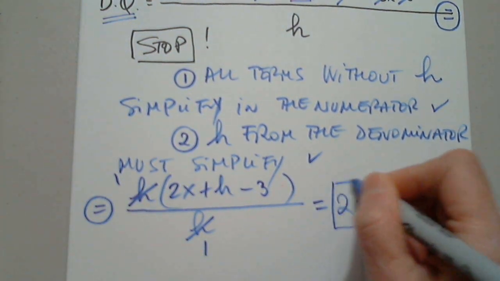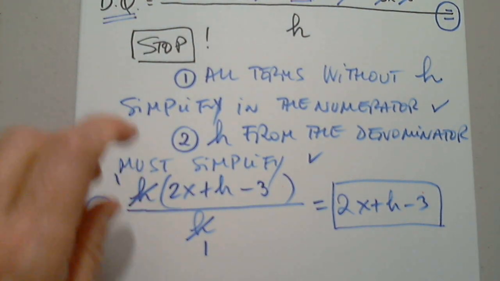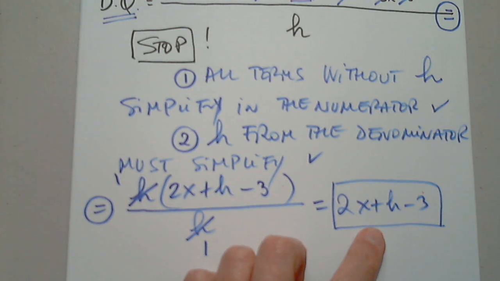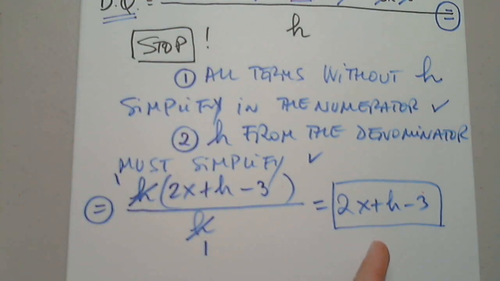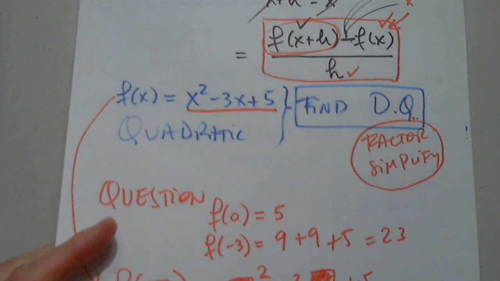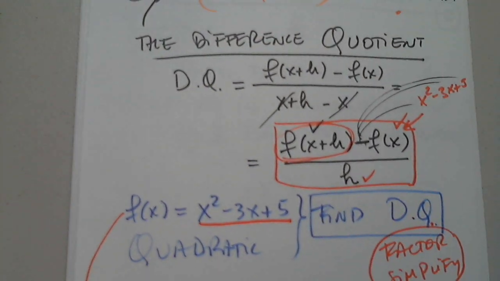Done. And you can say, this is the difference quotient for the original function. What does it mean? What is this? What's the purpose of this? And you will see it has an even bigger purpose later on in this class.